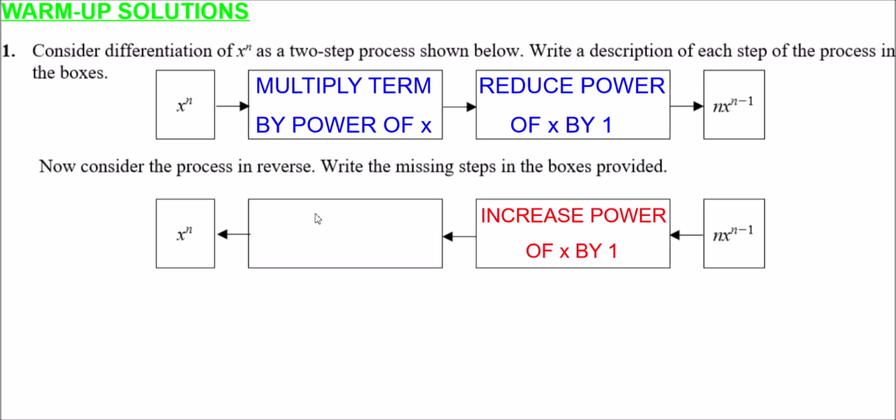And the final step in this box, instead of multiplying, we'd divide the term by the new power of x. So opposite order, opposite steps. That's how, in a nutshell, we can integrate functions where we have just a power of x to consider.